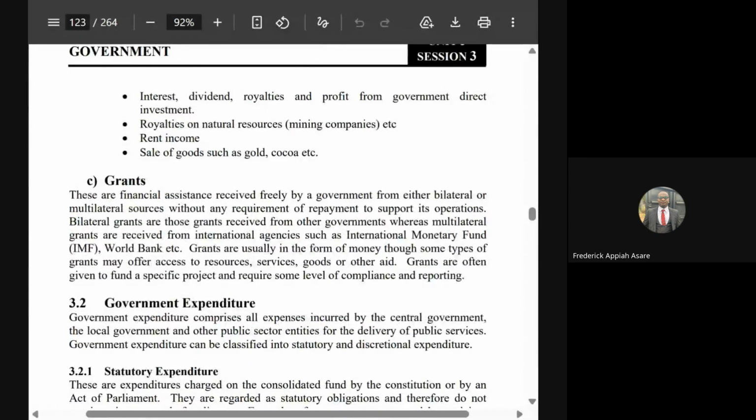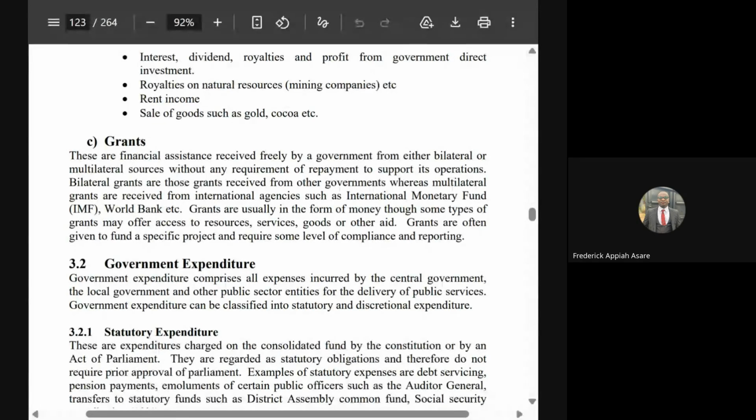The next one is government grants. When it comes to the accounting preparation or the financial reporting of the central government, under the revenue side, we want to see three items there. Three. We want to see tax revenue, non-tax revenue, and grants. When you say grant, it is the amount the government will receive from international bodies.